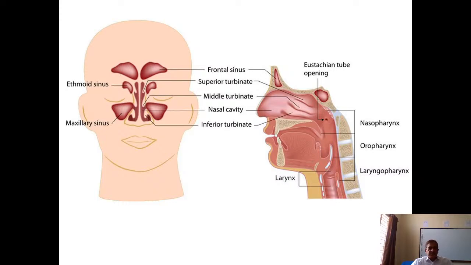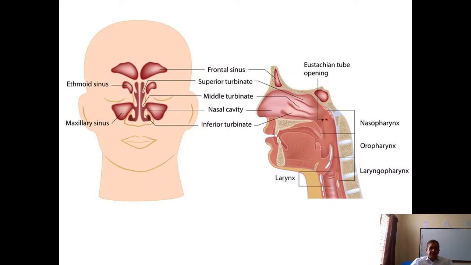These commonly open into a space called the middle meatus. Then you have the middle ethmoidals, which drain into the middle meatus again by a separate opening, and the posterior ethmoidals open into the superior meatus, and the sphenoid is the other one.